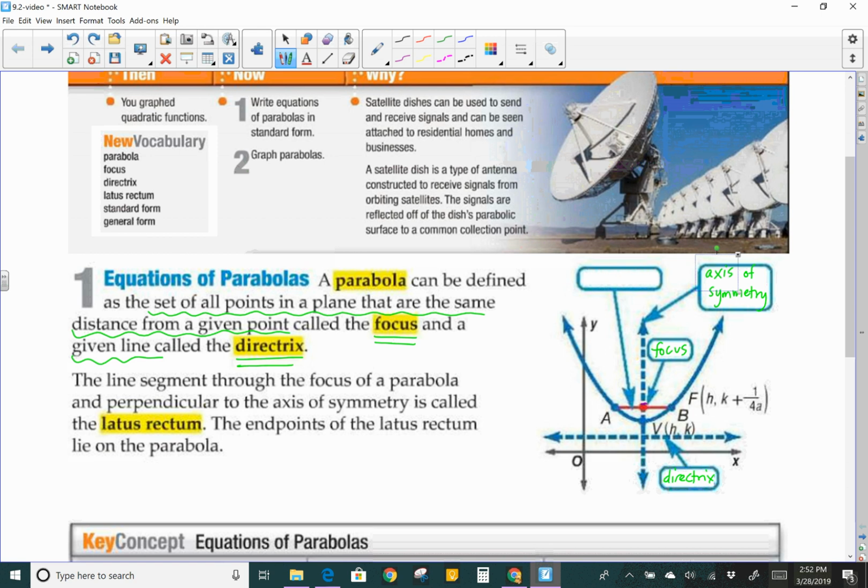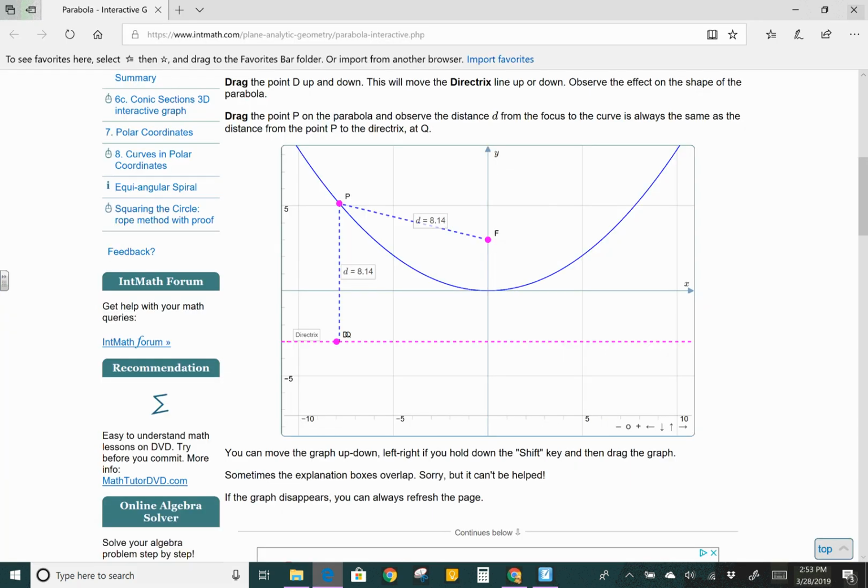I'm going to talk about the other blank in a second, but I want to show you a website that I really like. It's an interactive parabola. As we said, we've got a focus and we have a directrix. This line right here is my directrix. The distance from the focus to a point is, in this case, 8.14.